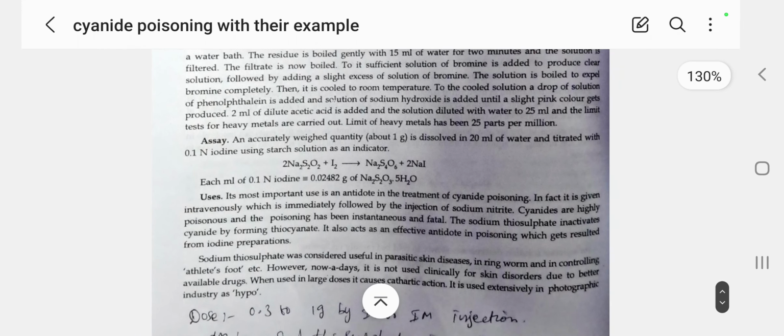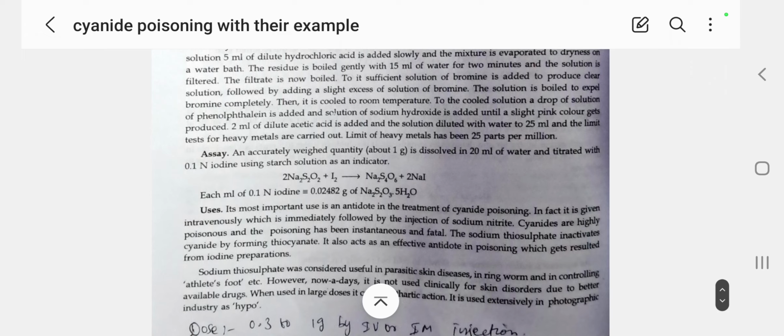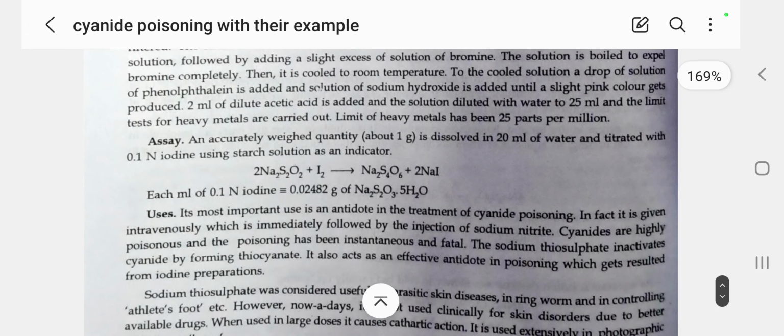An accurately weighed quantity, that means 1 gram, is dissolved in 20 ml of water and titrated with 0.1 N iodine using starch solution as an indicator.